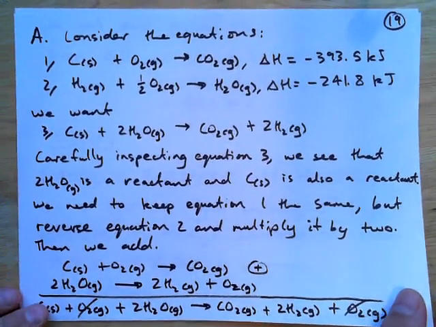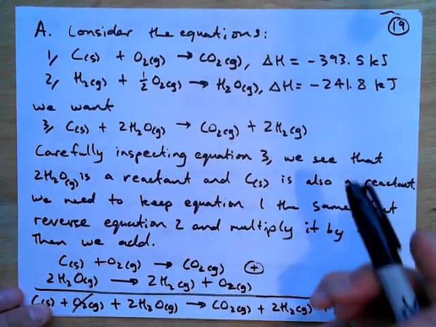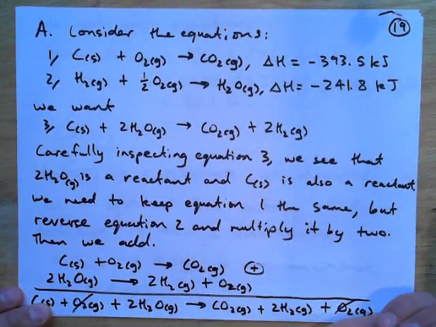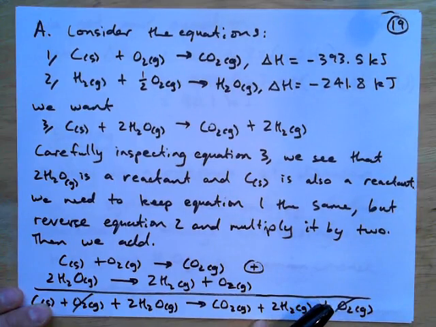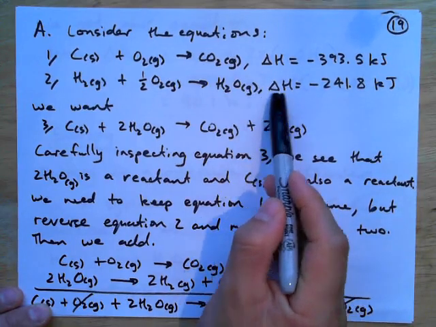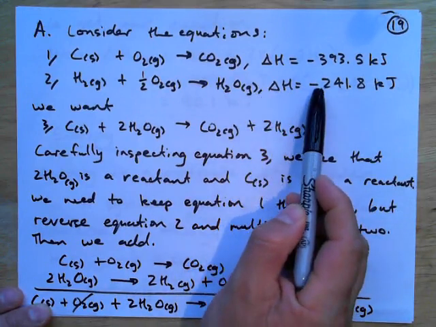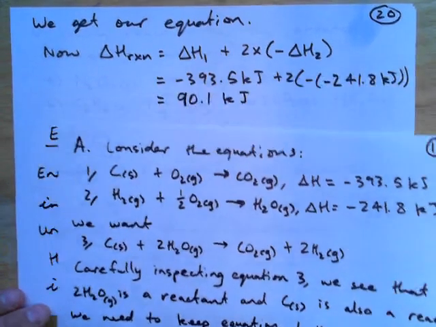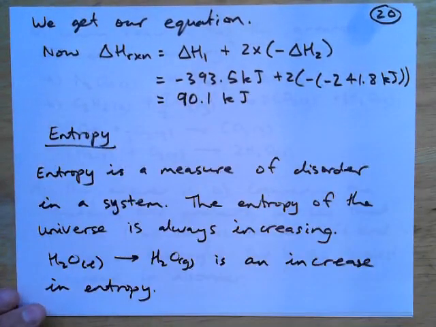Now I've got to consider my enthalpies. So here again, look at the enthalpies. This one will stay the same because the equation didn't have to be manipulated in any way. This equation had to be reversed, so the sign will change, and it also had to be multiplied by 2. So this is what I'm doing here.